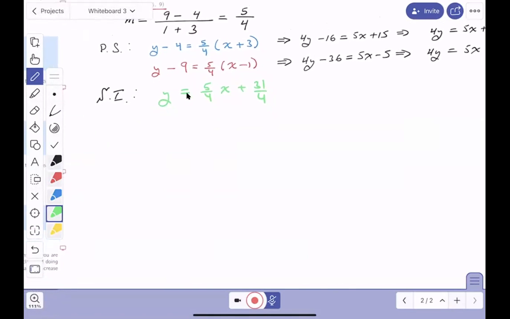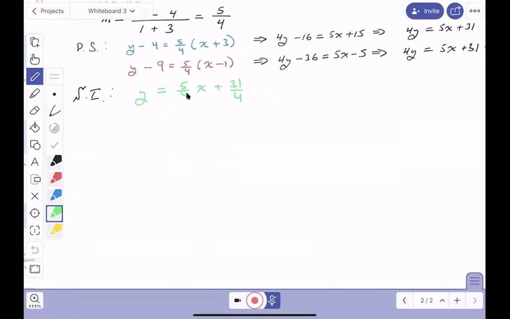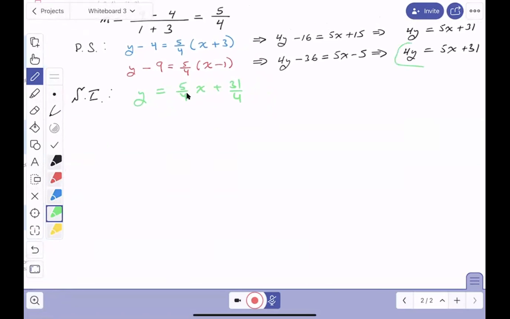Now let's say I want to put the other form down. I've got to be honest with you, I think I can do it pretty quickly. I'm looking at this over here, and if I did this, what would I get? I get minus 5x plus 4y equals 31. And standard form is really easy to write down now.